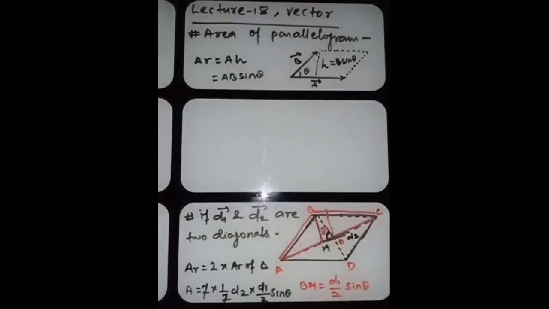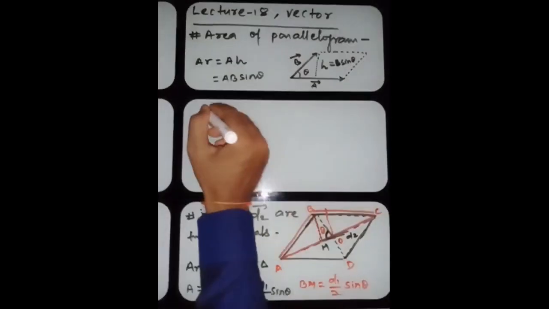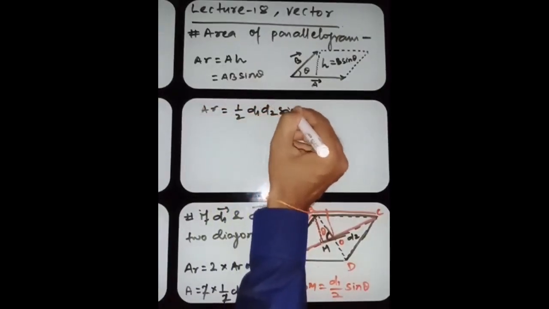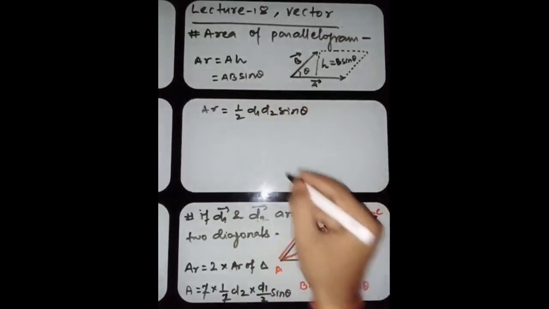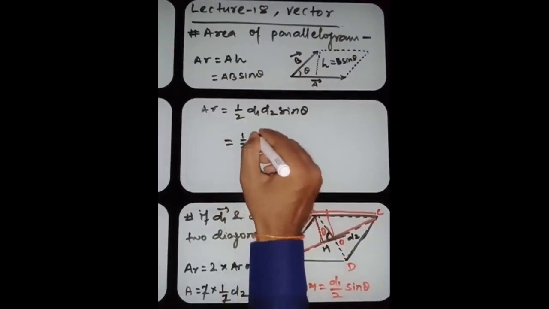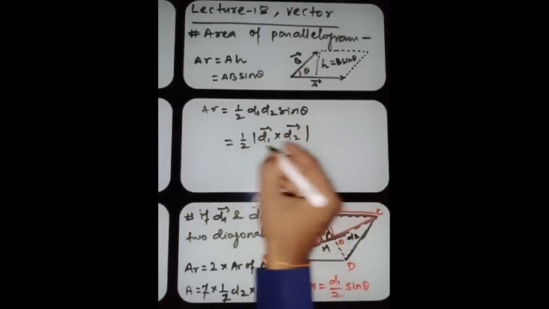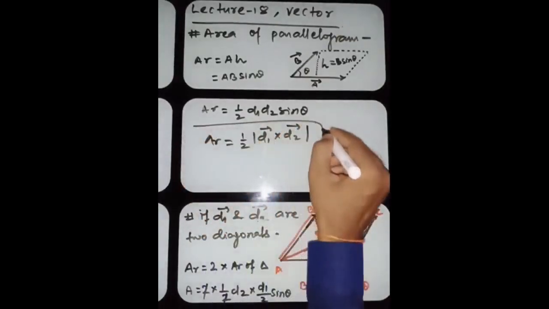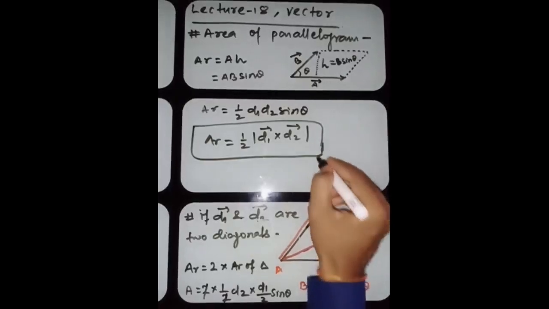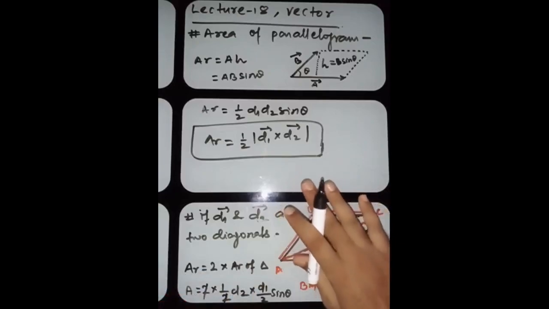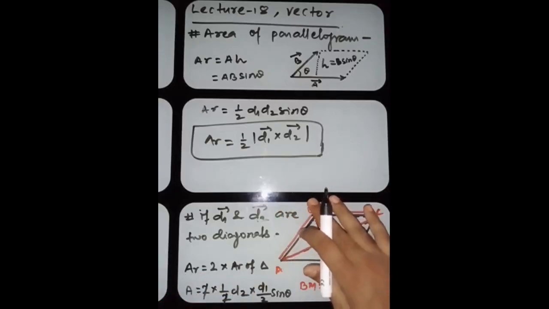So the answer is half d1 cross d2. This is the area of a parallelogram when two diagonals are given. Remember, when two diagonals are given, in this way you can find the area of a parallelogram.